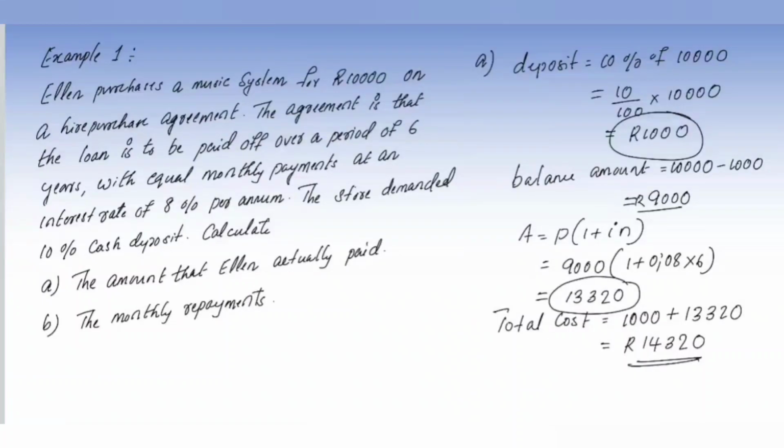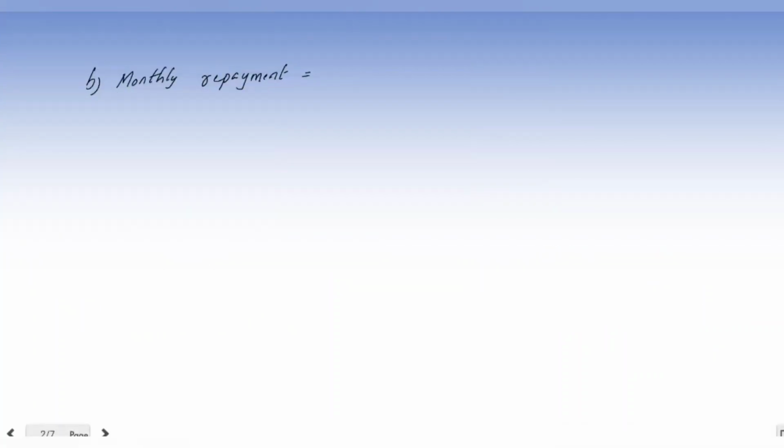It's clear. Now we can go to the next question, that is the monthly repayment. When it comes to monthly repayment, you have to exclude the deposit that you paid already, that is 1,000 Rand. So over the period of 6 years, you are actually paying Rand 13,320.